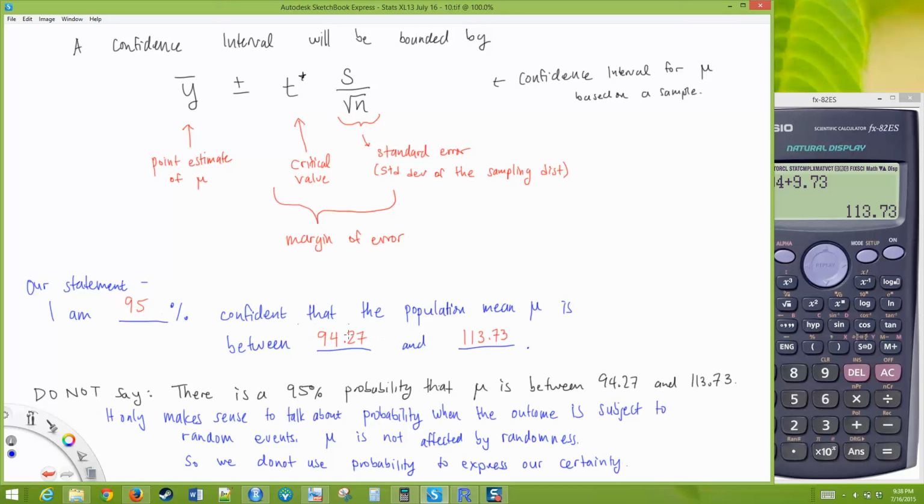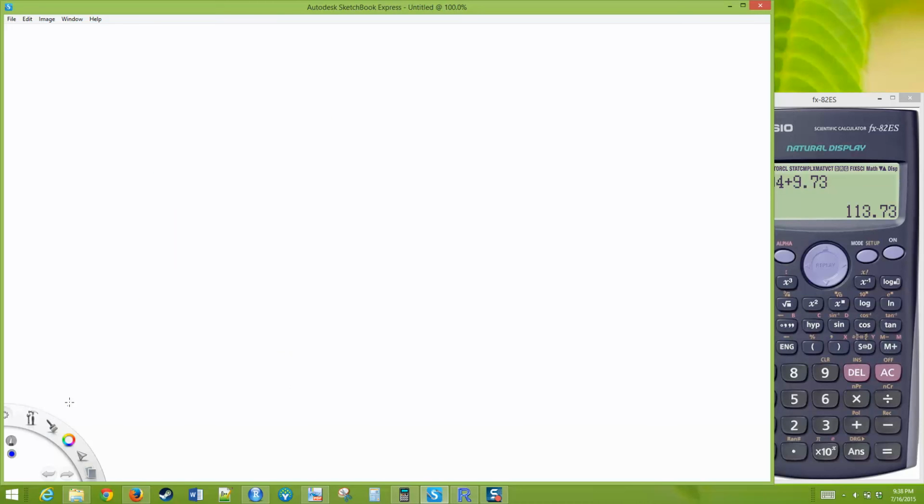Okay, basically we are making a statement about the population mean. We're not making a statement about sample means, so don't say anything like, I am blank % confident that the sample mean is between blank and blank.